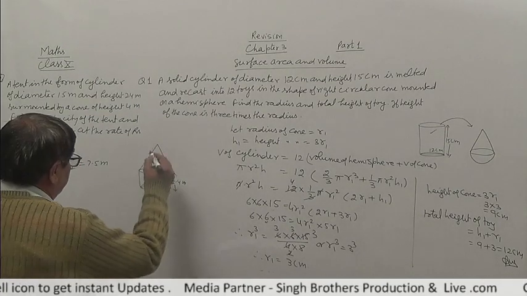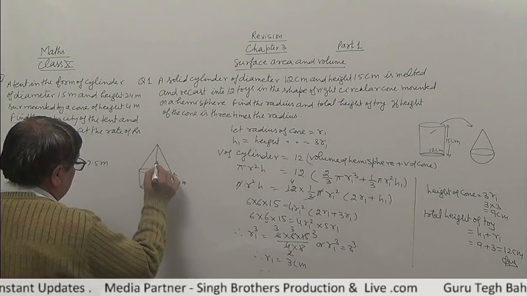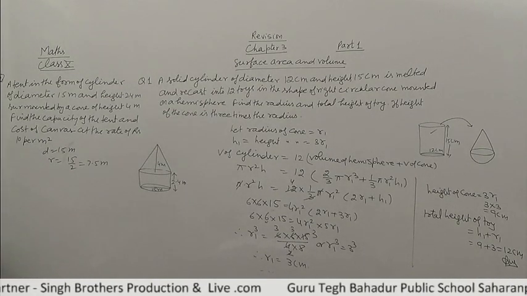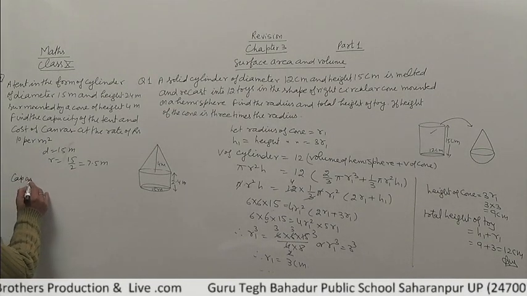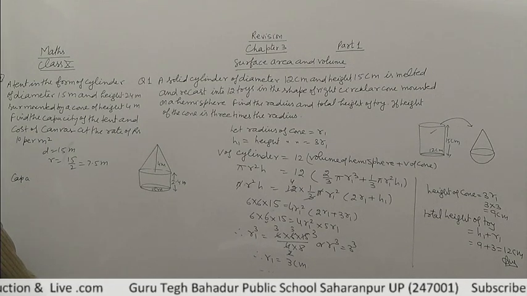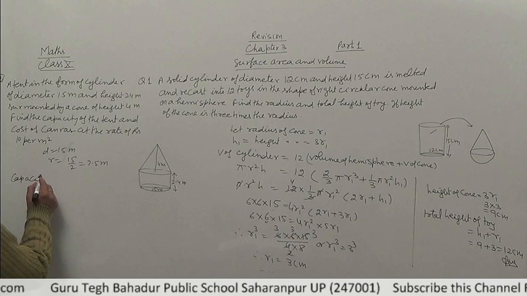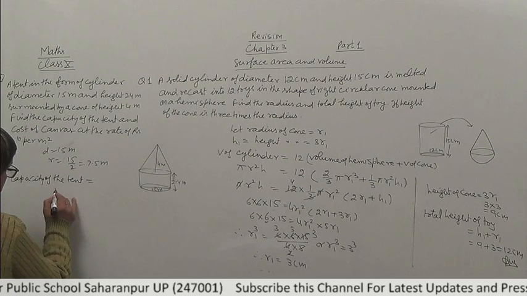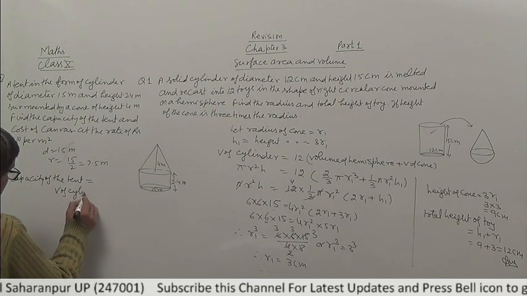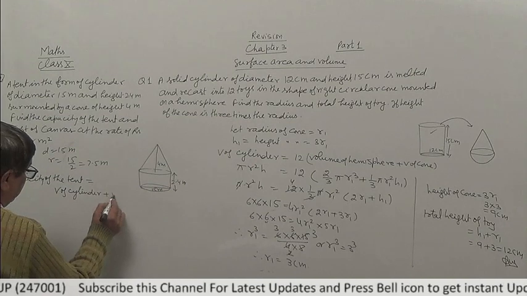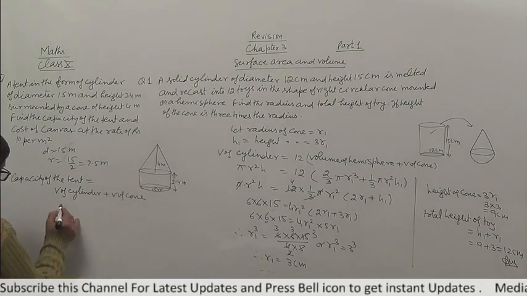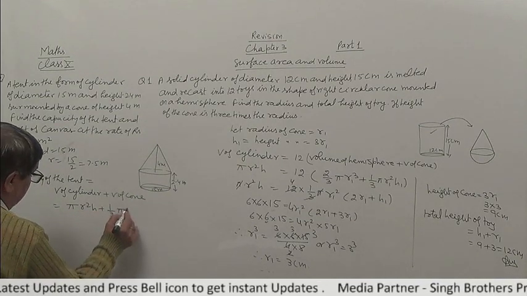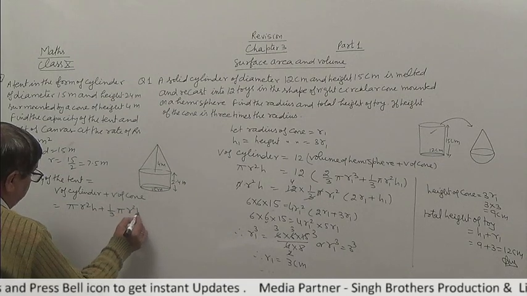The cone's height is 4 meter. Find the capacity of the tent. Capacity of the tent is volume of cylinder plus volume of cone, pi r square h plus 1 upon 3 pi r square h1.